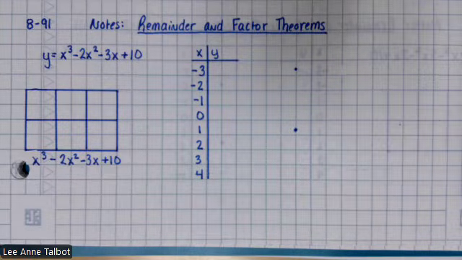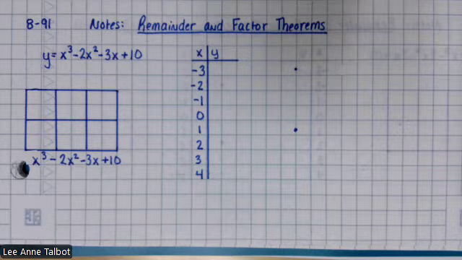Okay, this table right here, I want you guys to put x plus 3 on yours. X plus 3. This table, we're gonna do x plus 2. You guys are gonna do x plus 1 on your side.